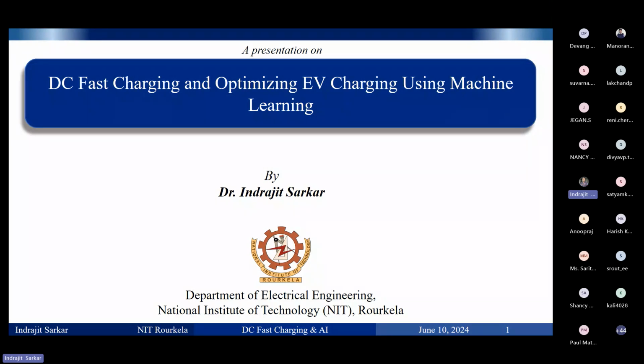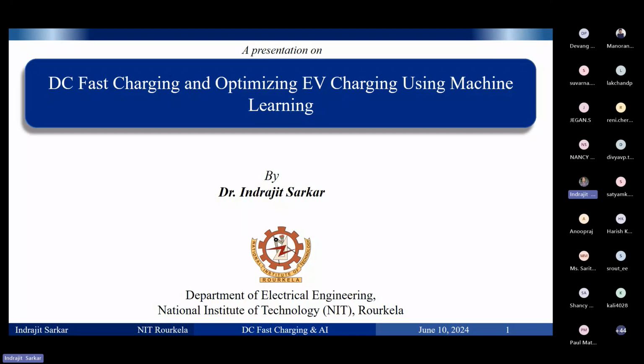The main reason is to use renewable energy for transportation purposes. That is only feasible when you use that energy as electrical energy, store it, and then use it for other purposes like the electric vehicle, which is going to replace the IC engine based vehicle very soon, and it has already started.